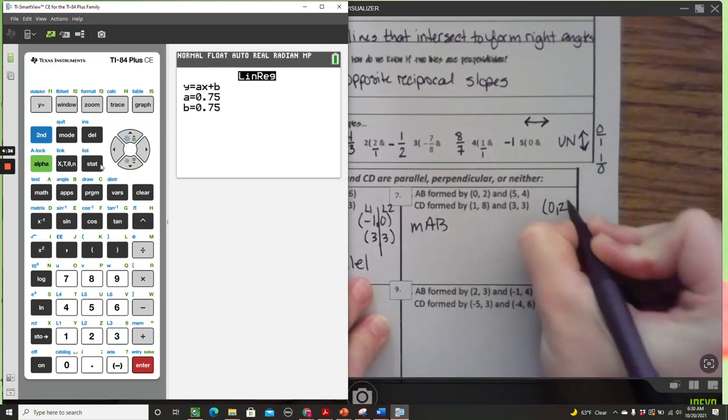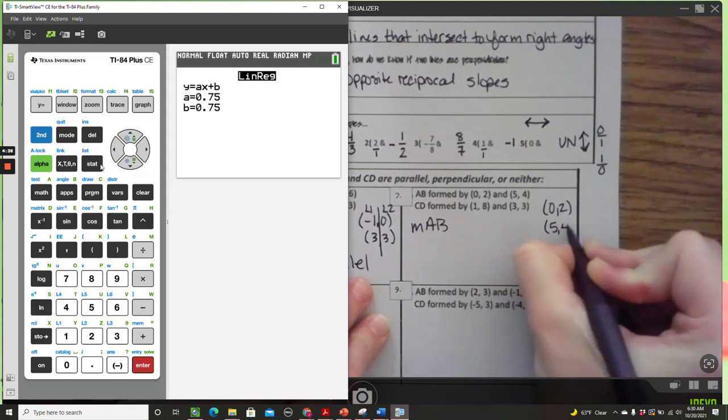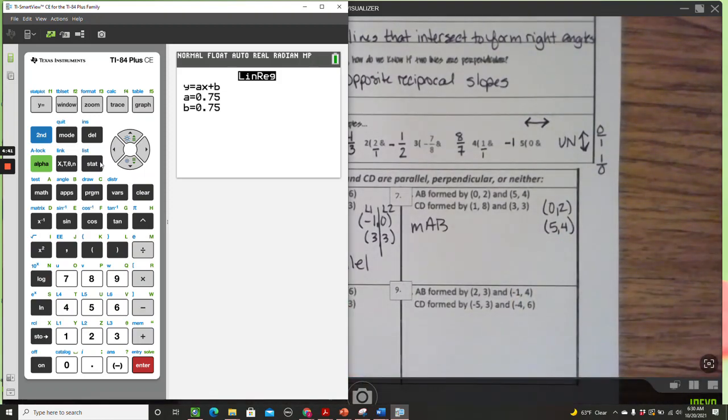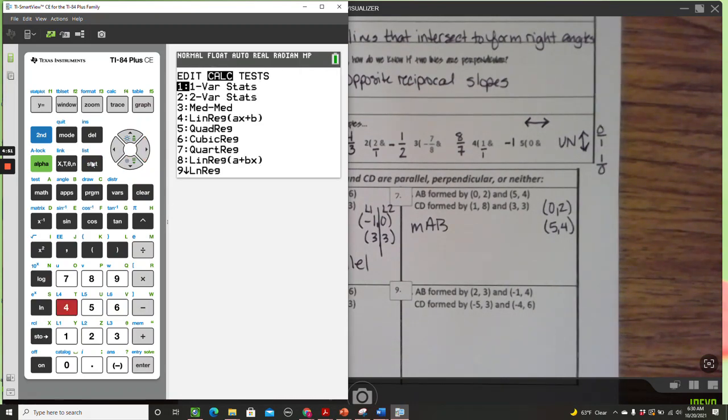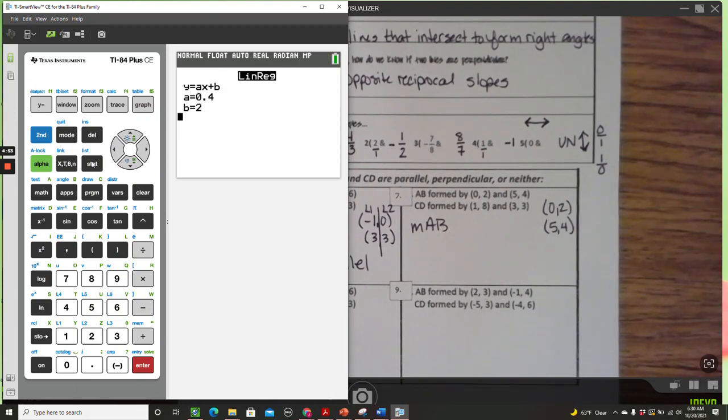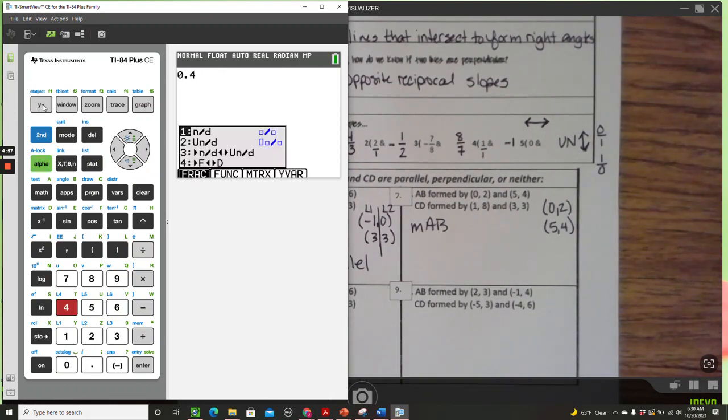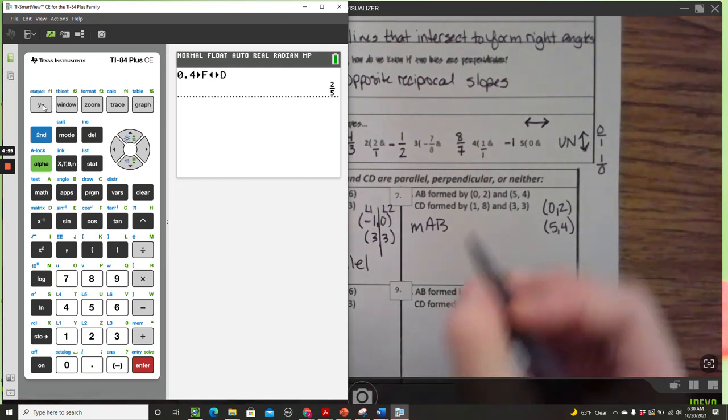Okay, so on the next one here, so the slope of AB, so if I stack them up, 0, 2, 5, 4, all right, 0 and 5, 2 and 4, stat, right arrow key 4. So this time I got 0.4. So 0.4 is 2/5.